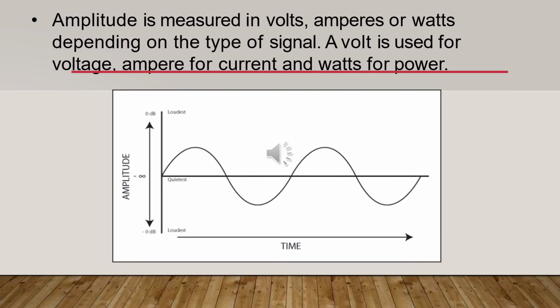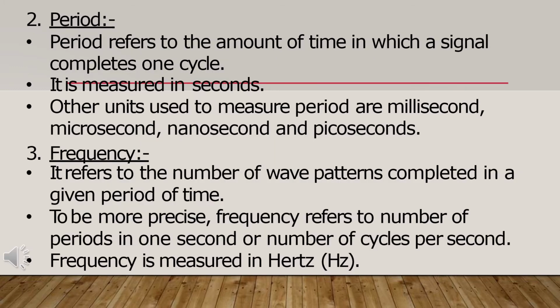Now let us see how amplitude is measured. It is measured in volts, amperes or watts depending on the type of the signal. A volt is used for voltage, ampere for current and watts for power, right? You can have a better look at the graph shown in front of you.